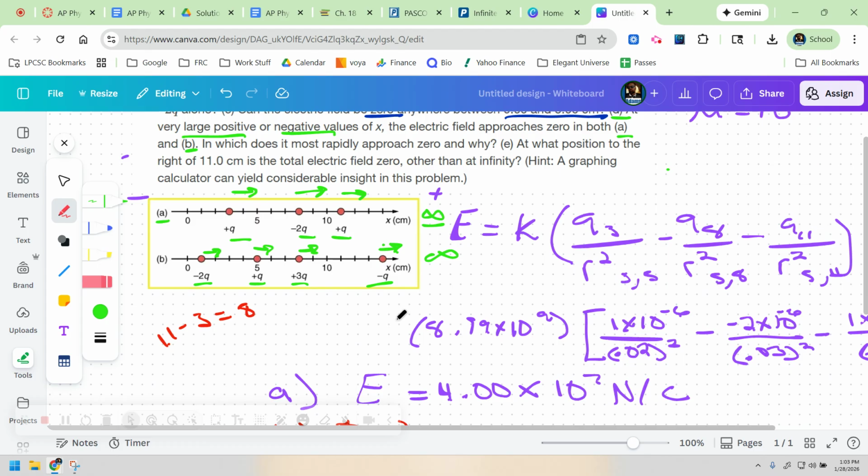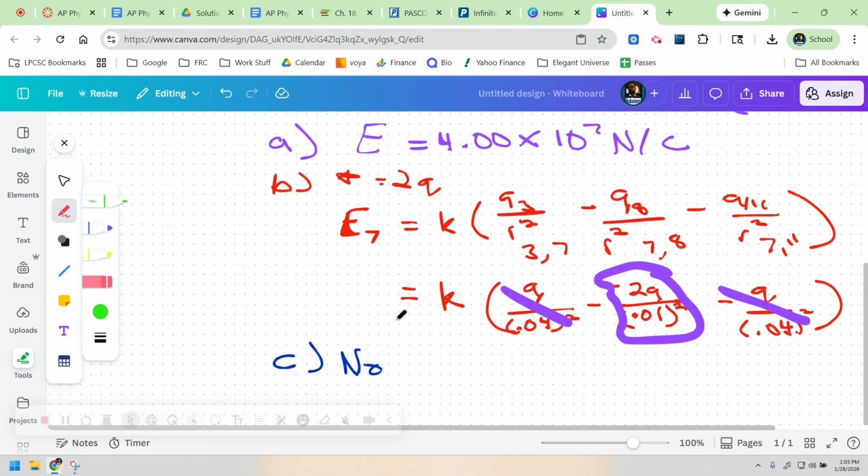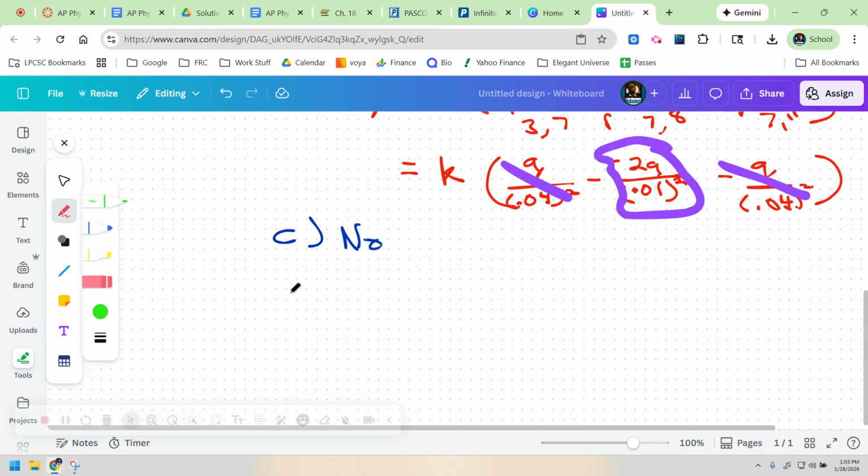For part D, or I'm sorry, for part D, it's basically in both scenarios, as x approaches 0. For part A, well, let me label it this way. For part A, as x approaches infinity, right?